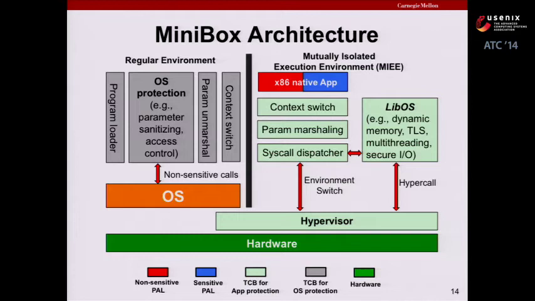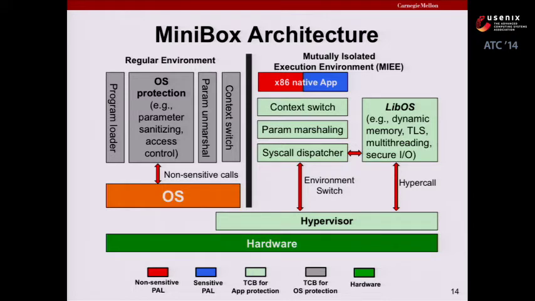And in the service runtime, there's also a system call parameter marshalling module that will marshal the system call parameters from the application, and also a system call dispatcher and the libOS. The system call dispatcher is going to distinguish the system calls from the application into sensitive system calls and non-sensitive system calls. For the non-sensitive system calls, the system call dispatcher is going to trigger an environment switch from the MIEE to the regular environment.